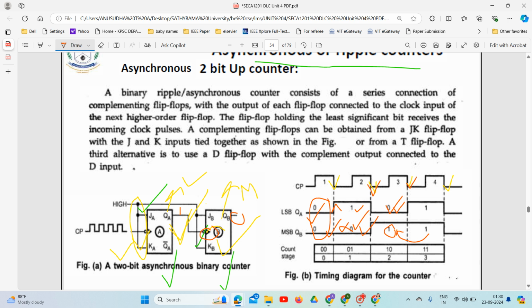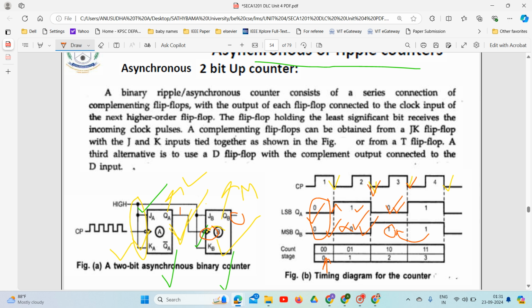Up to the fourth clock pulse we will receive 00, 01, 10, 11. So we are assigning 00 for the first clock pulse for both flip-flops, 01 for the second clock pulse, 10 for the third clock, and 11 for the fourth clock pulse. It counts from 0 to 3.